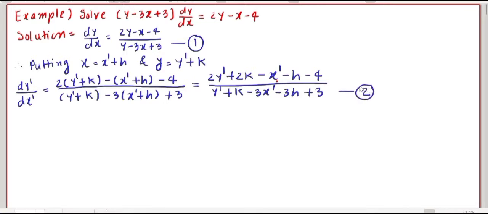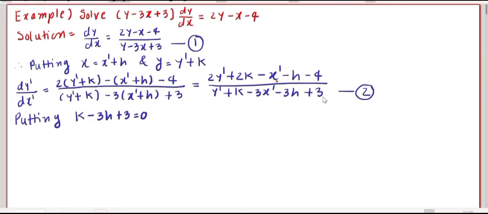Now we put 2k minus h minus 4 equal to 0 and k minus 3h plus 3 equal to 0 for finding the values of h and k. So, k minus 3h plus 3 is equal to 0.